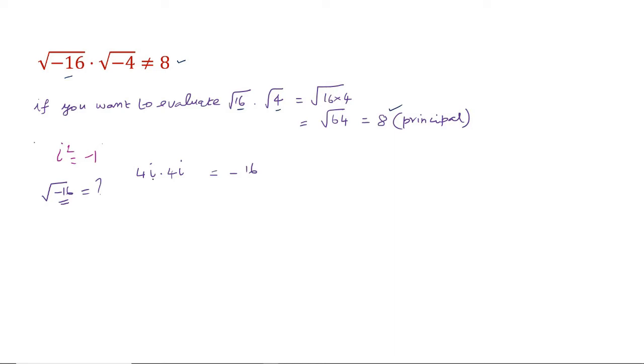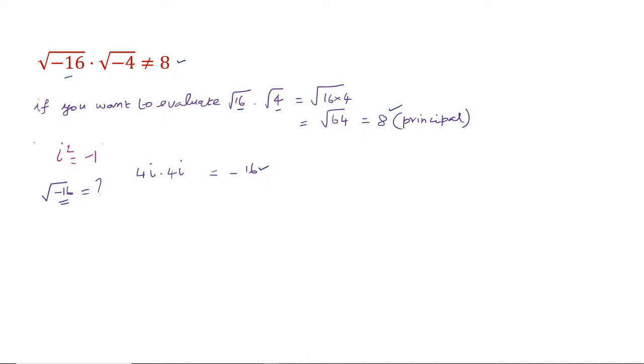Take 4i into 4i: 4 into 4 is 16, i into i is i square, which is minus 1. So 4i into 4i is minus 16. Therefore, square root of minus 16 you can take as 4i.